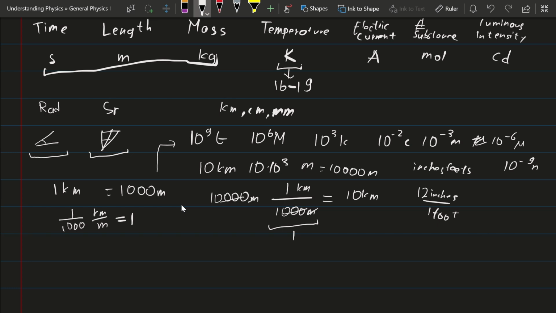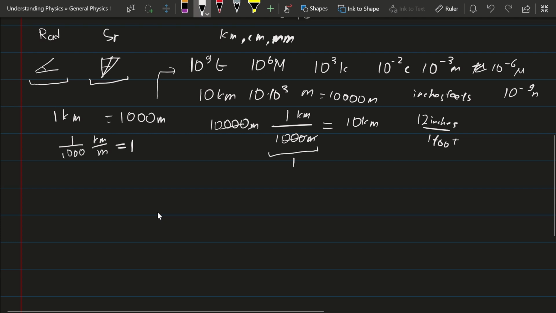Next up, we want to first talk a little bit about how we write numbers in physics. In physics, we normally write numbers as a value from 1 to 10 at the front side, and then we write times 10 to the power of a certain value.